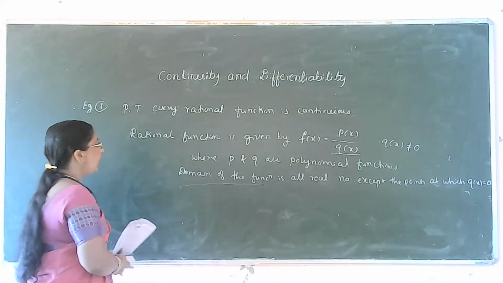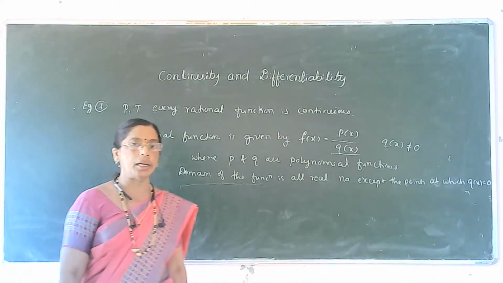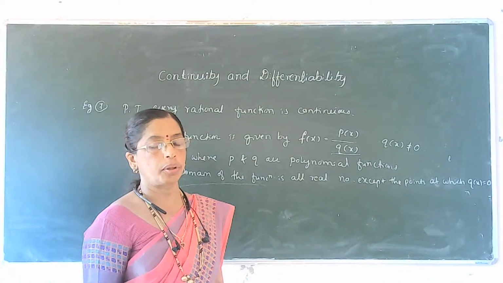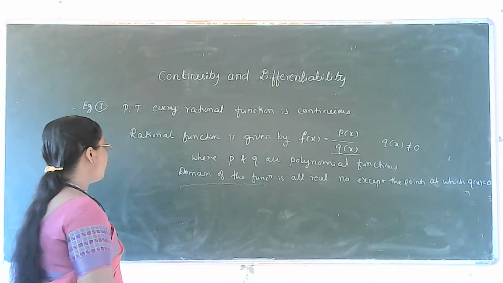Therefore, we can prove it here. p and q are polynomial functions, and polynomial functions are continuous.